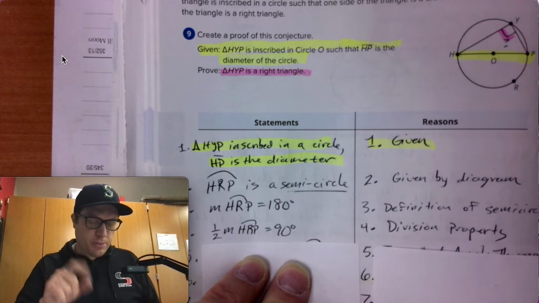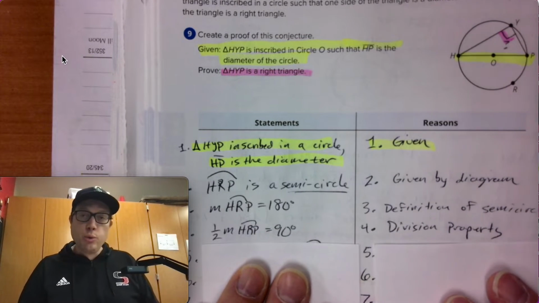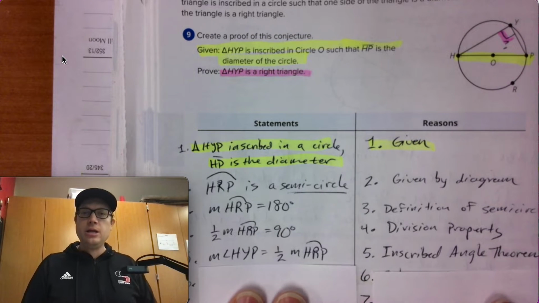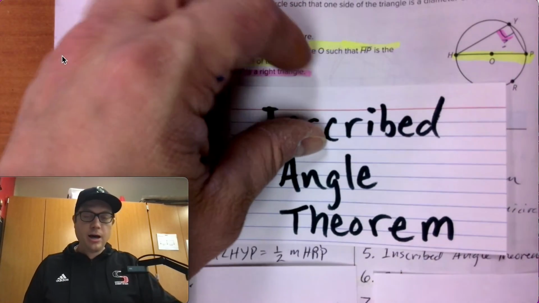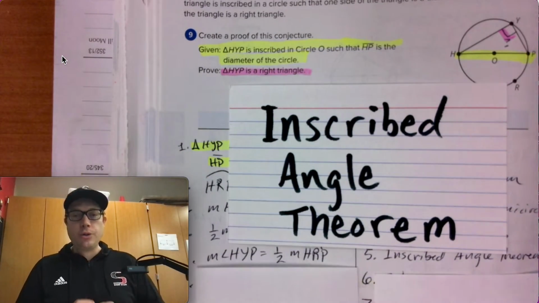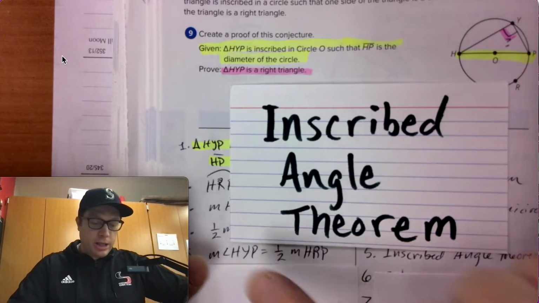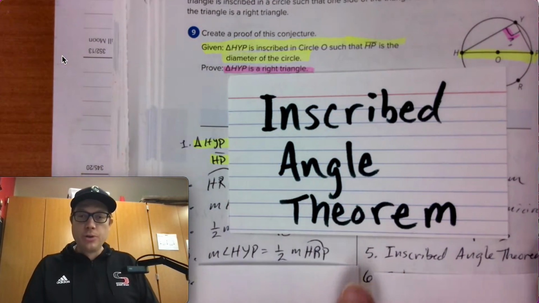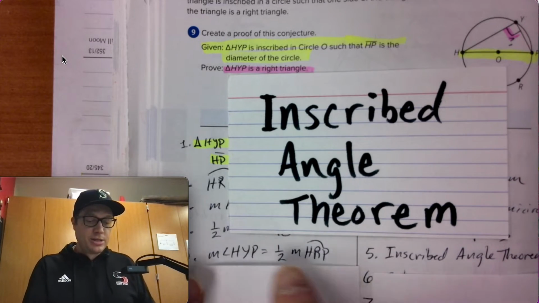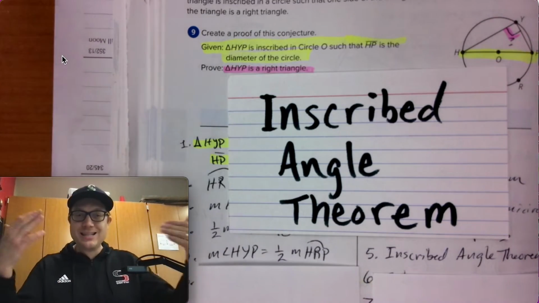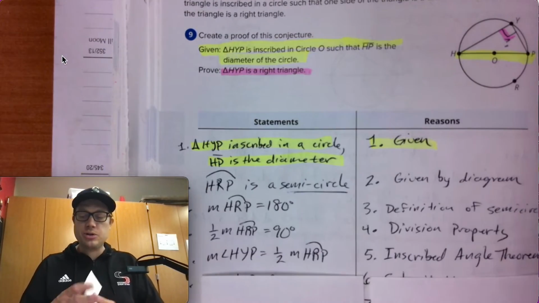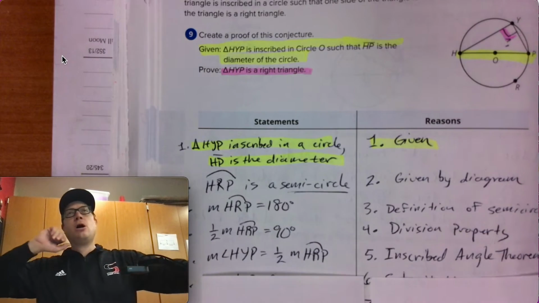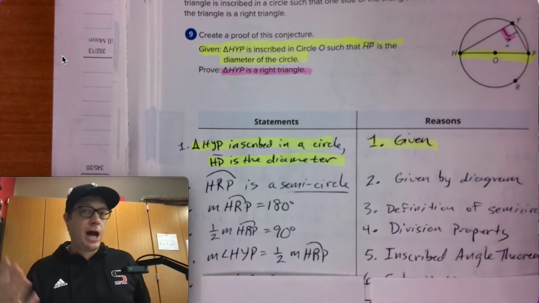We're setting something up here. Can you tell? Did you watch the previous videos? Do you remember that when you write half of the intercepted arc, you're actually talking about the inscribed angle? Because in the inscribed angle theorem, whatever the inscribed angle is, it's going to be half of the intercepted arc. So inscribed angle theorem is our reason, and this is the statement that we would be expecting to see from the inscribed angle theorem. Okay, so we've got the fact that this intercepted arc is 180 degrees, so half of it is 90.